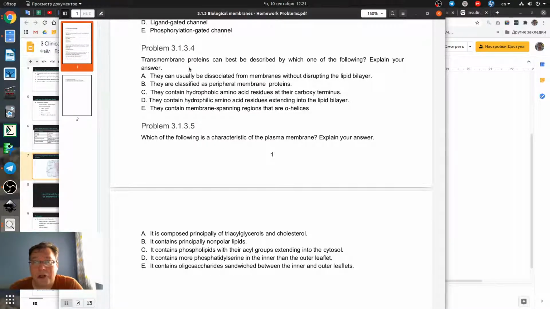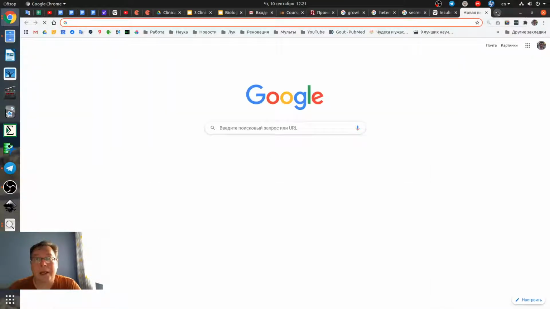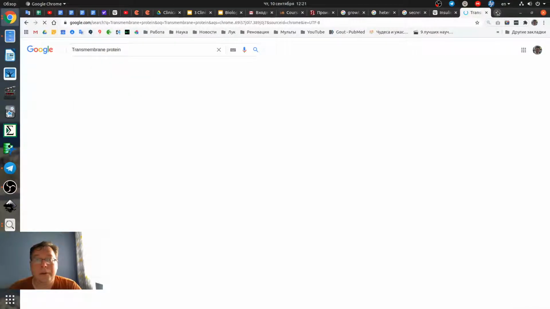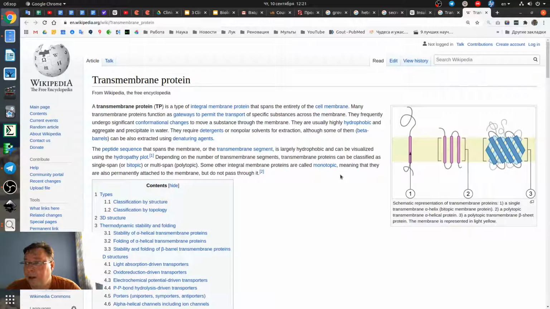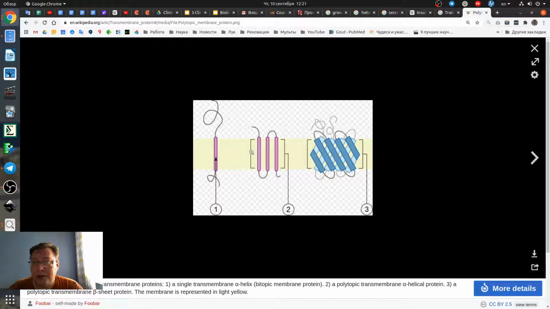According to the structure of transmembrane proteins, I want to show you how they look. Transmembrane protein, here. So this yellow is a membrane. This is the extracellular domain, intracellular domain, and intramembrane domain.